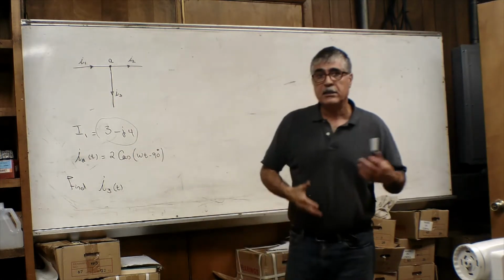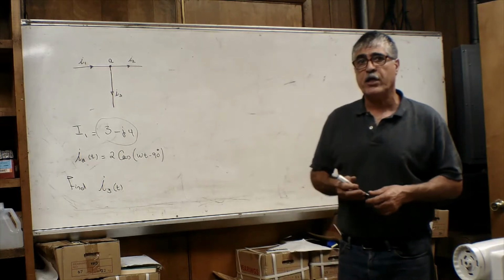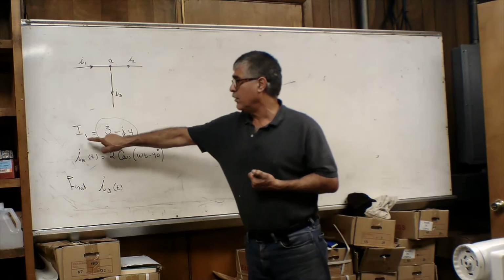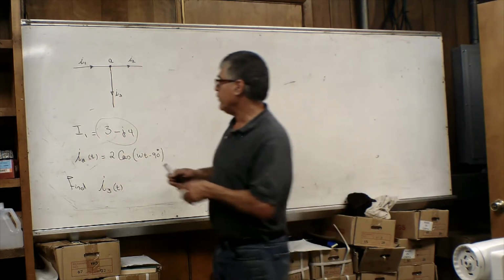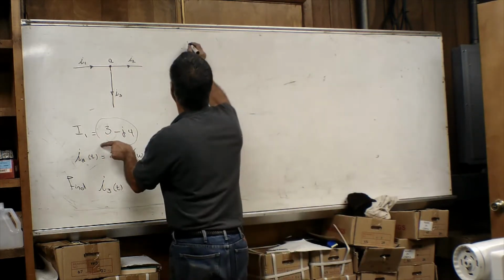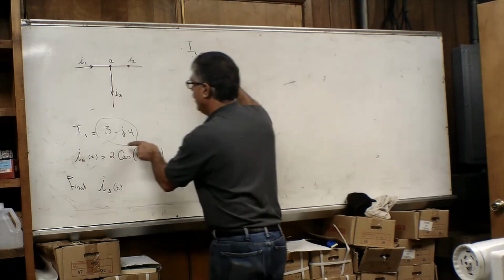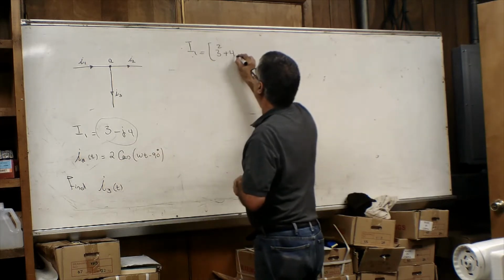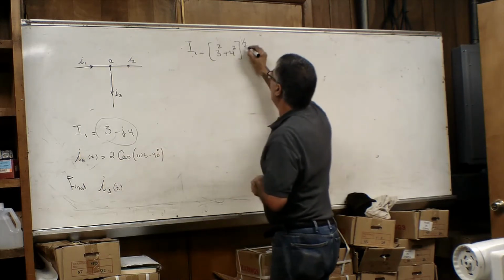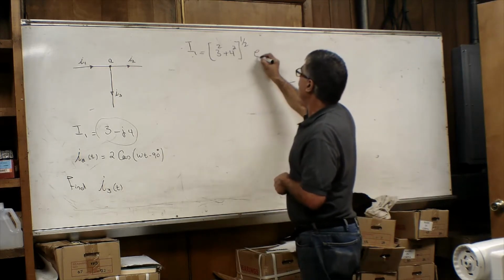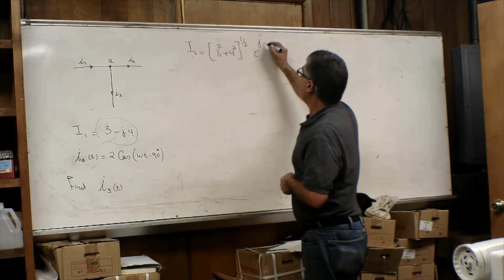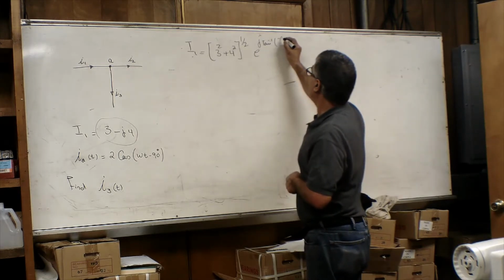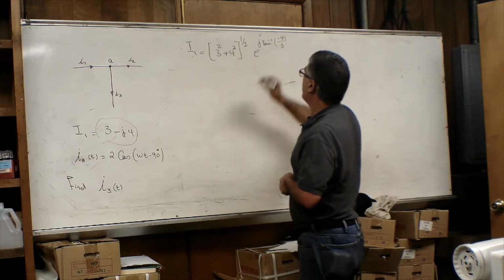Since he's asking for the time expression of all the currents, let's first find the time expression for current 1. We can write the phasor expression as 3 squared plus 4 squared to the power 1/2, e to the power j tangent inverse of -4 divided by 3.